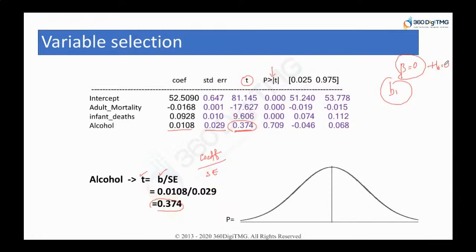What if we have the sample here? What is the p-value actually giving us? The p-value is giving us the probability of this coefficient occurring just due to random chance. This is only due to random chance.